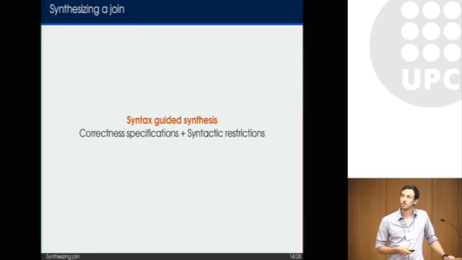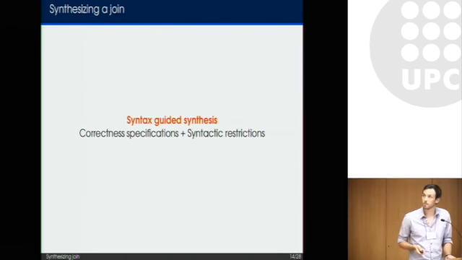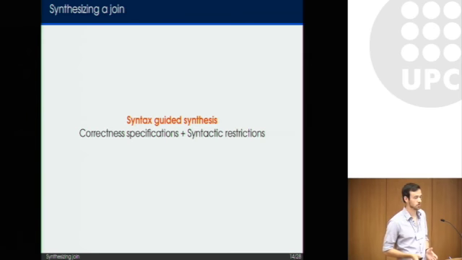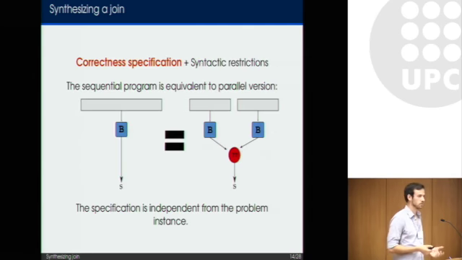So how do we synthesize this join? We use syntax-guided synthesis, so two main components, correctness specification and syntactic restrictions. The correctness specification is actually the statement of our problem.